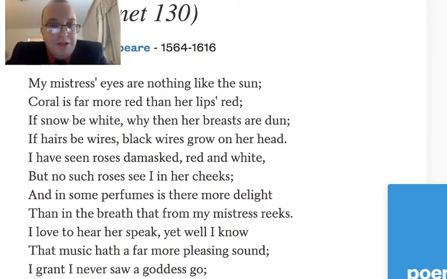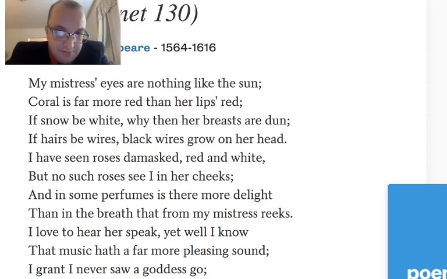There's nothing beautiful physically about her. Her breasts are dun, her hair's like black wires, and there are no roses in her cheeks, right? Her breath stinks, her voice is grating.